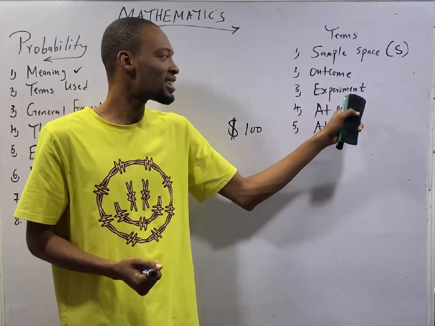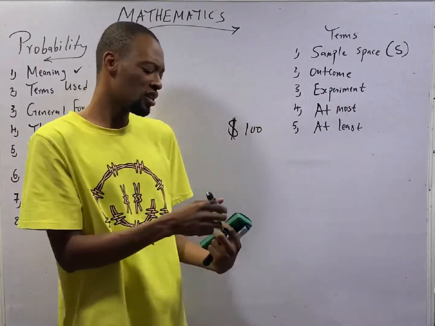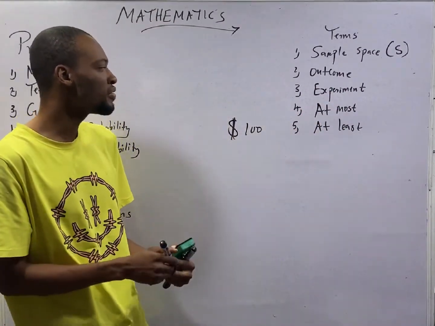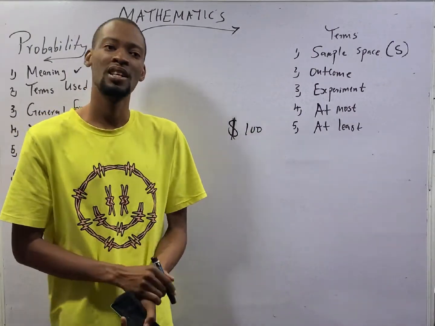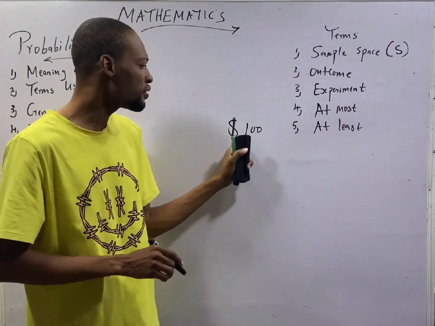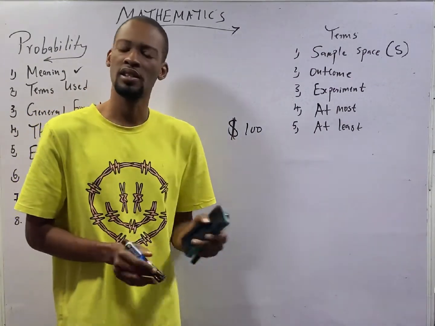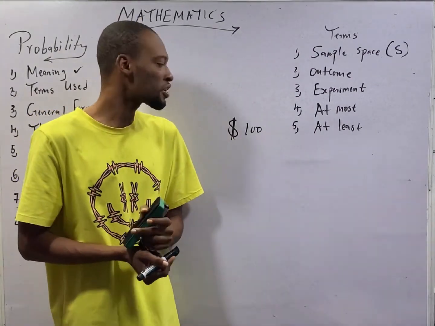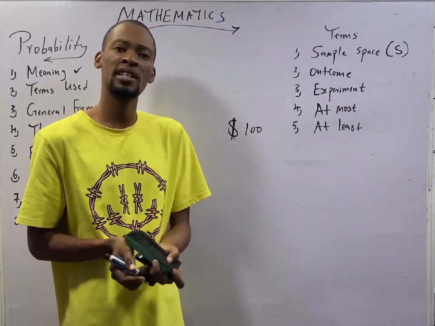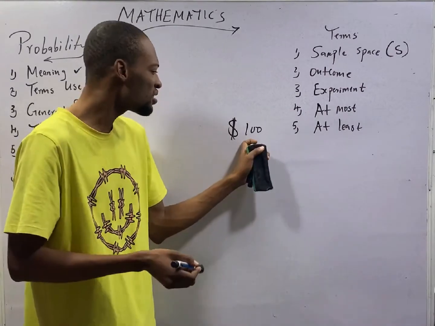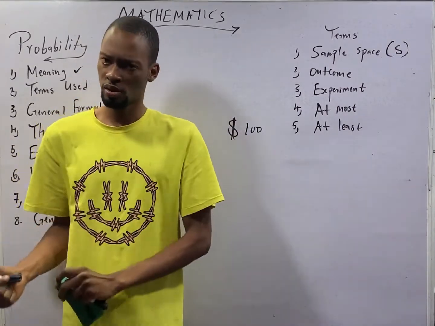Then "at least". If I say Juliet should be given at least $100, $100 USD, it means if you give Juliet $100, it is acceptable. If you give her $200, it is acceptable. 500 is acceptable, but don't give her below $100.